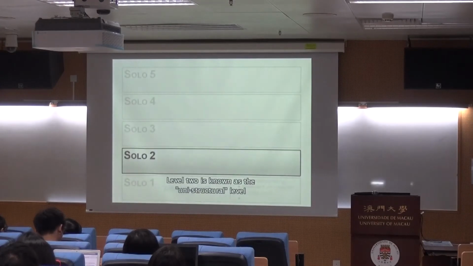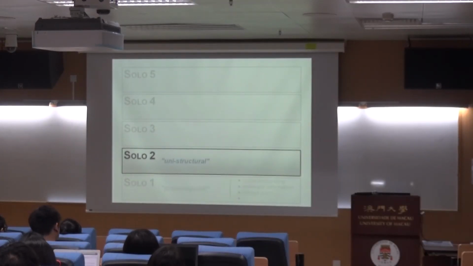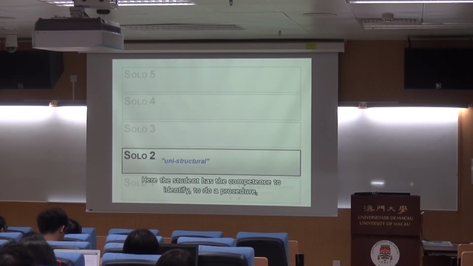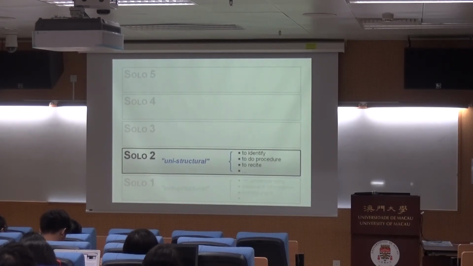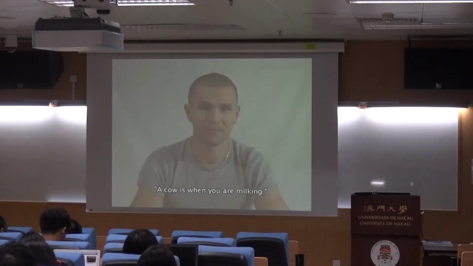Level 2 is known as the unistructural level, where a student will focus on one relevant aspect only. Here the student has the competence to identify, to do a procedure, and or to recite. A cow is when you're milking.